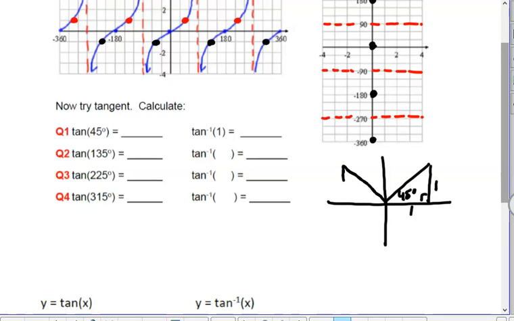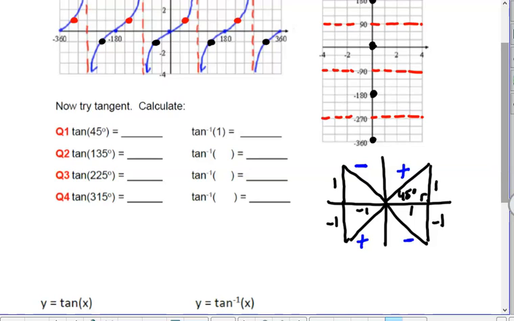If we're in quadrant 2, the opposite side's still positive 1, but the adjacent side's negative 1. In quadrant 3, they're both negative. In quadrant 4, the opposite side is negative and the adjacent side's positive. So this makes tangent positive in quadrants 1 and 3 and negative in quadrants 2 and 4.